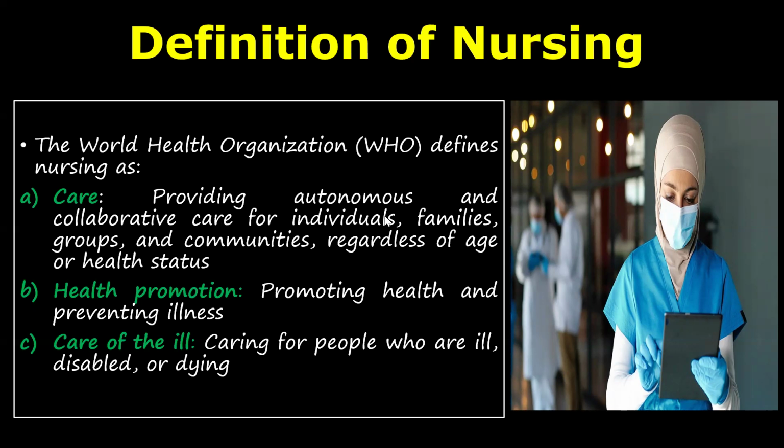That is providing autonomous and collaborative care for individuals, families, groups, and communities, regardless of age or health status. So that is the first responsibility of nursing. So the scope of nursing is providing care. When you're talking about autonomy, we are talking about the element of freedom, autonomy, and collaborative care with other individuals.